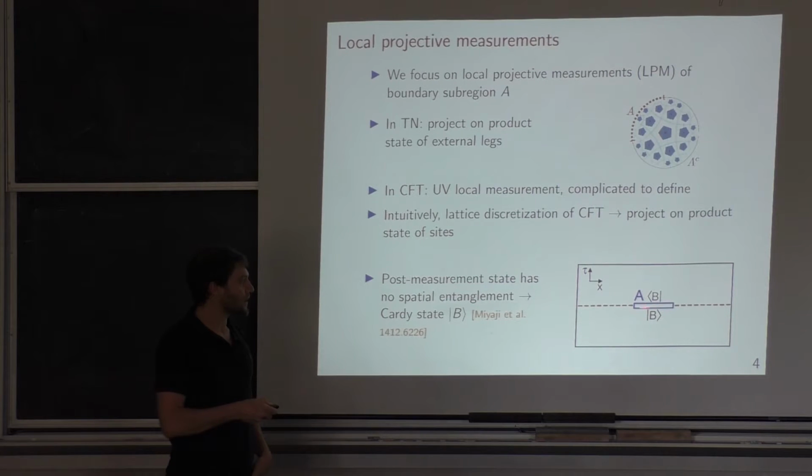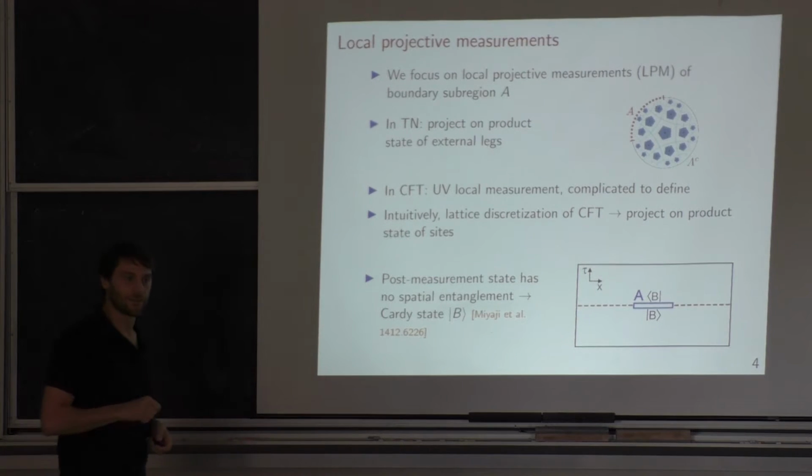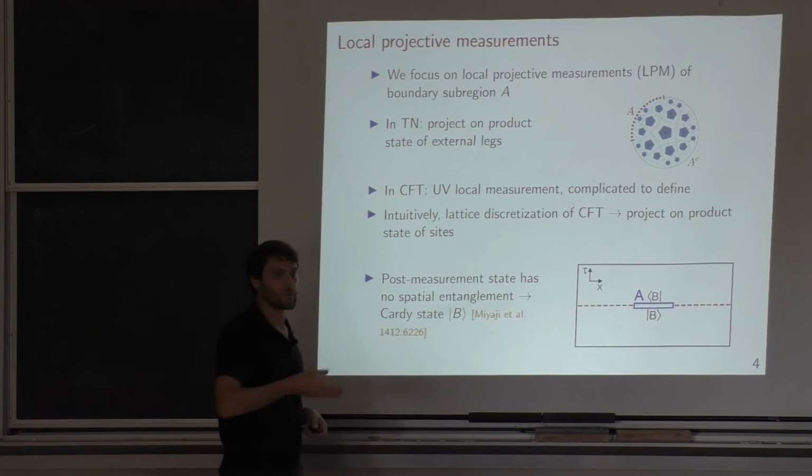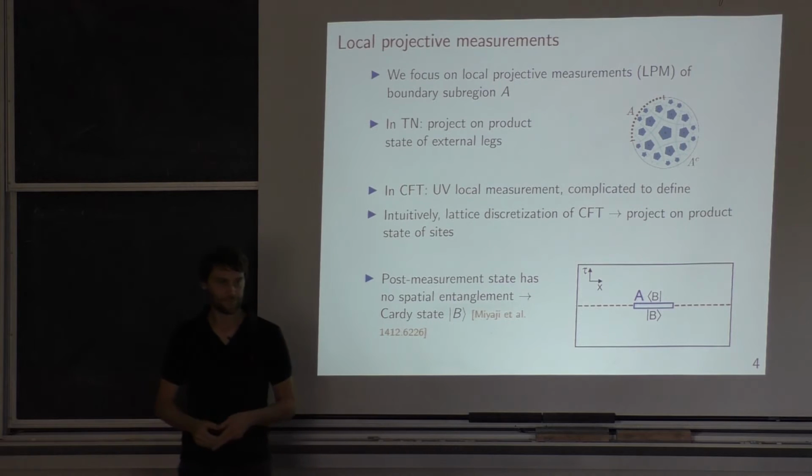And then, since region A is in a boundary state, what you do is insert a slit around this region A and then impose conformal boundary conditions around it. And that is equivalent to having the region A projected onto a boundary state.